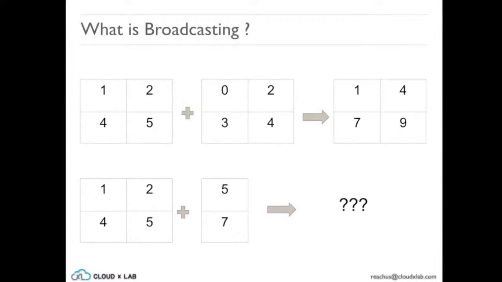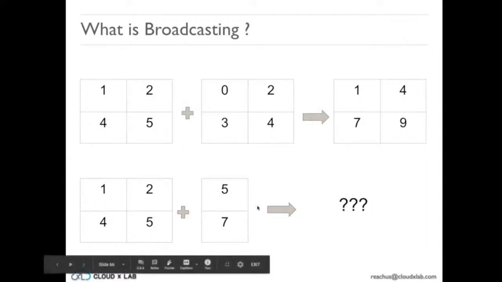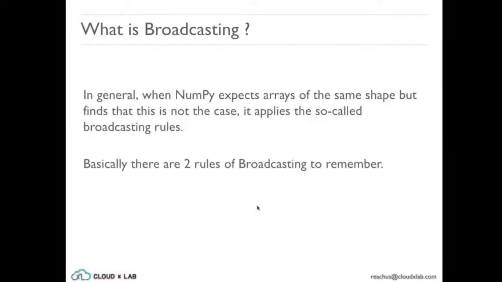And we've seen that when the shapes are very different, it fails. But if there's some sort of compatibility in the shapes, it can actually work. In general, numpy expects the same shape, but if that's not true, it applies what are called the broadcasting rules. There are two rules of broadcasting to remember.